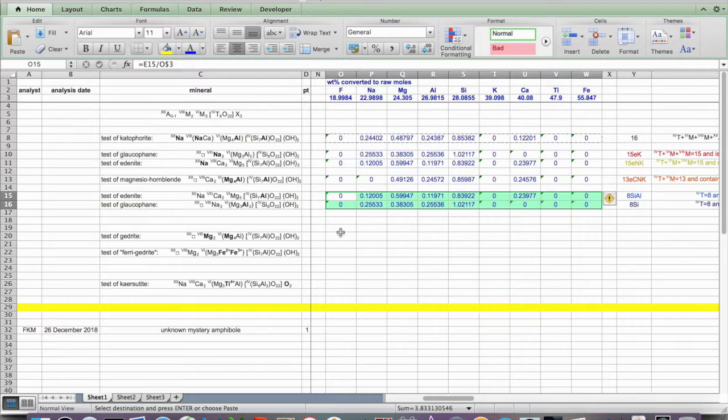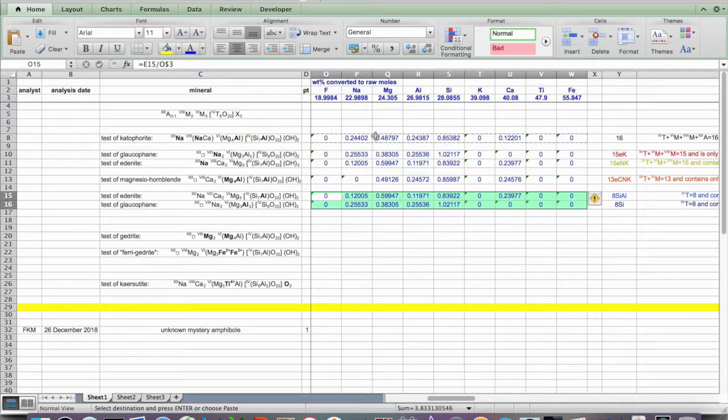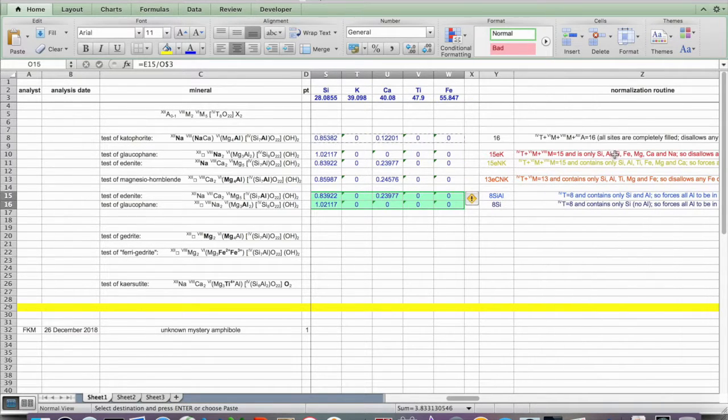Those up there, the Gedrite and the Ferro-Gedrite and the Cursitite, we'll worry about a little later on. What I'm primarily interested in right now is ensuring that I have a set of numbers that goes along with each of these different normalization routines, so we actually get real numbers instead of numbers that won't mean anything to you if you're looking at it. It's like, well, what does divide by zero mean? Well, it's not helpful.